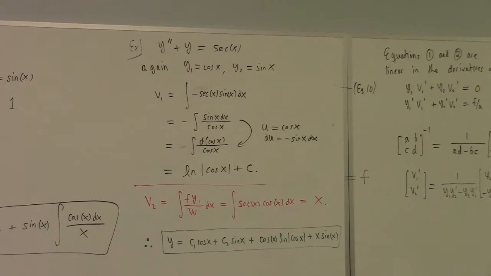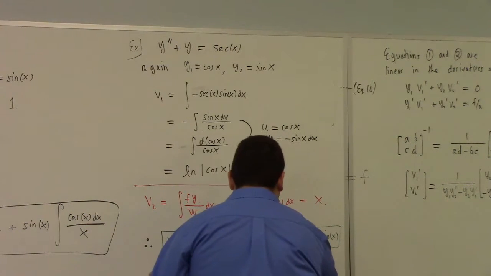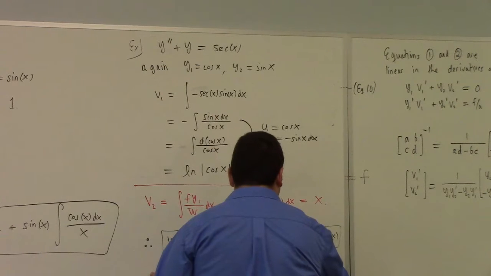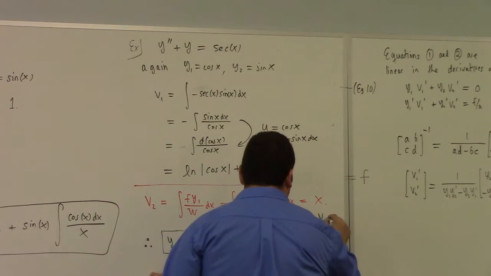Just a quick question. Sure. I wasn't seeing where on the second velocity, so you have cosine times the natural log of cosine, and x times sine. What is the cosine sign? So it all goes back to what we started with, which was that yp is y1 v1 plus y2 v2, or you could write the v1s first.